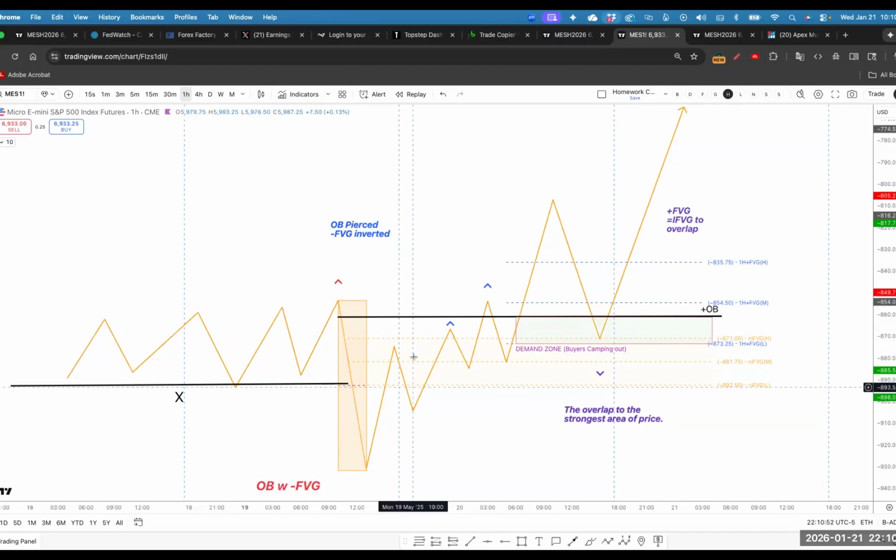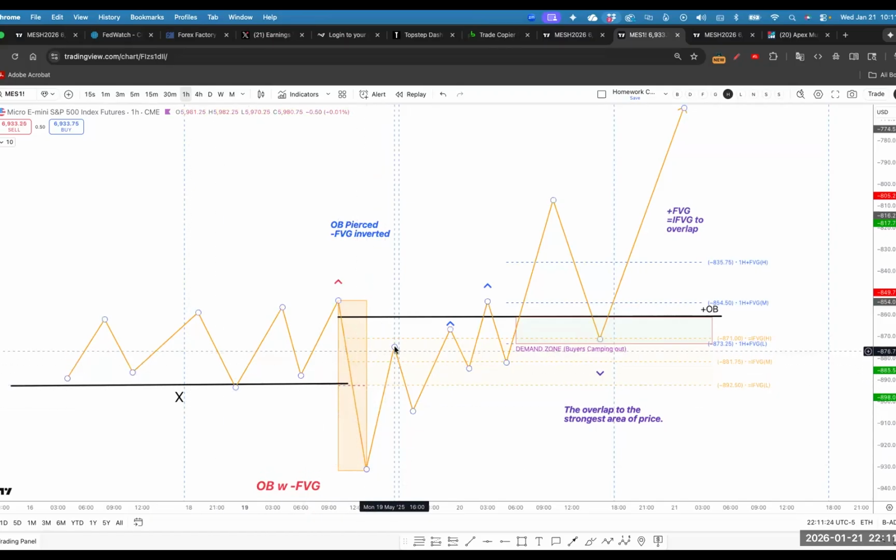And inside of this, we should have a fair value gap to the downside that does not get used to push this low and take this low out. So once we make this low and we come back into the fair value gap inside of the order block, again, the order block is a single candle or a series of candles to the downside that sweeps a low.